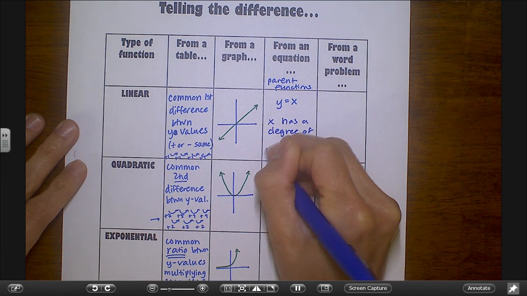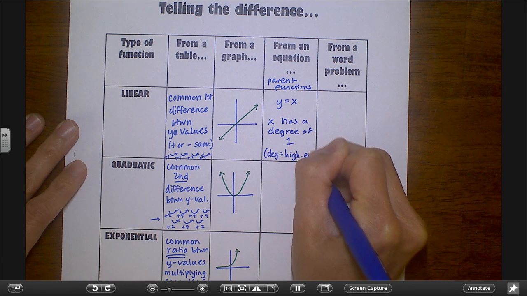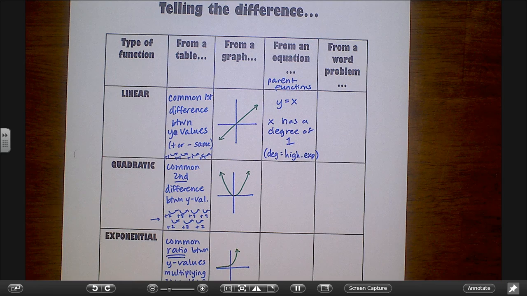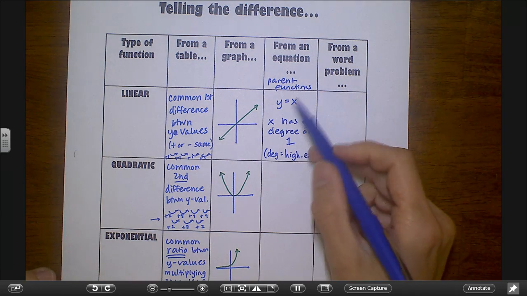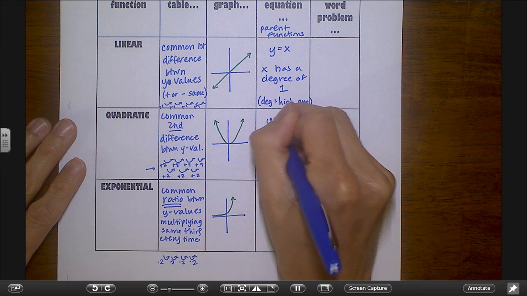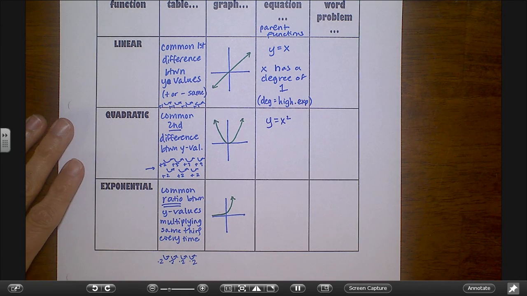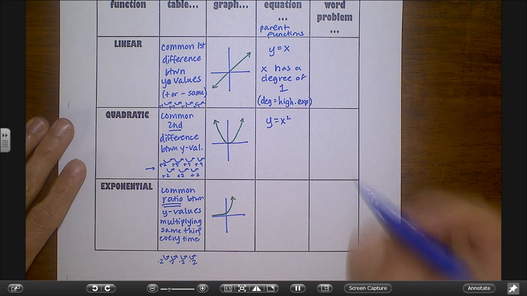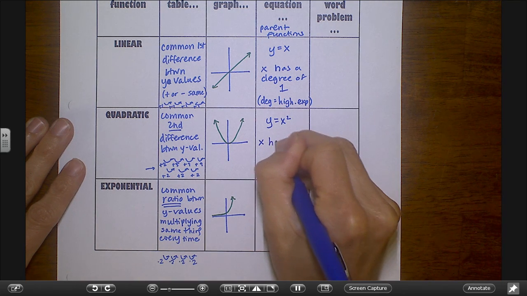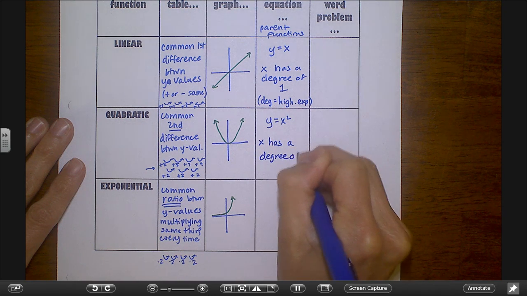And remember, degree is the highest exponent that you have, right? So if you have x to the third plus x, there is an x with an exponent of 1, but it's not the degree. The degree is 3. For quadratic, your parent function is y equals x squared. We also know it as y equals ax squared plus bx plus c. But what matters here is that x has a degree of 2.